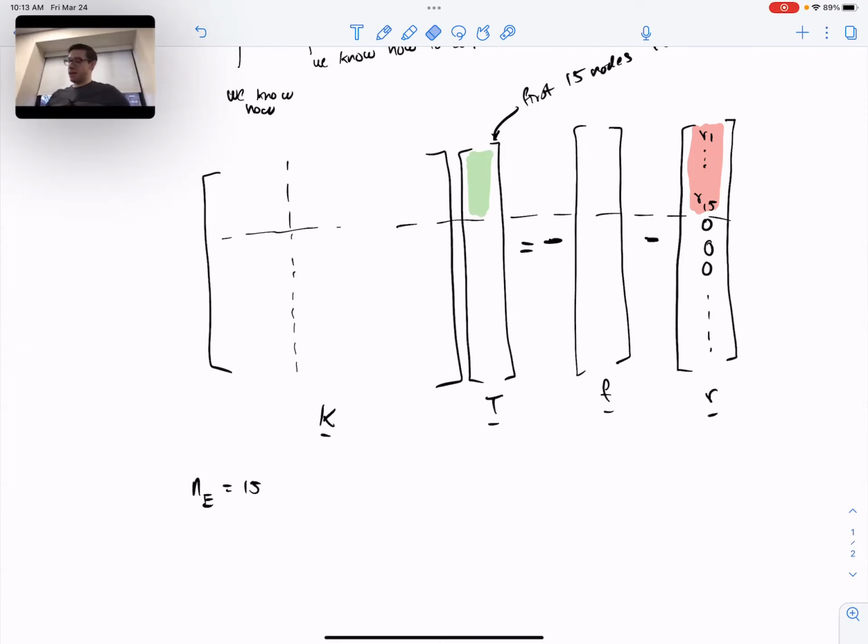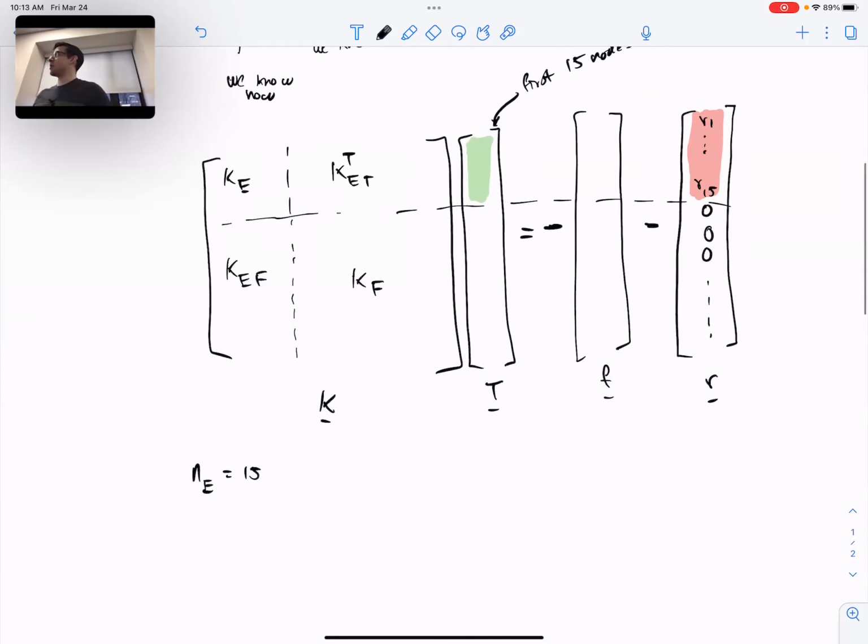And then this one will be the KE matrix, 15 by 15. This one will be the KF matrix. This one will be the KEF matrix. This is KEF transpose. So you need to partition the system.